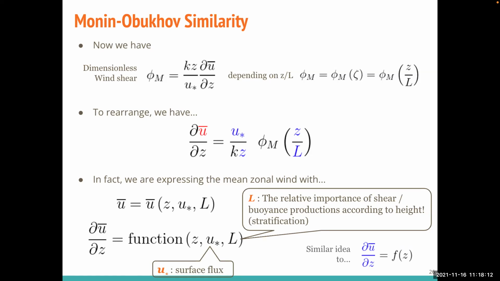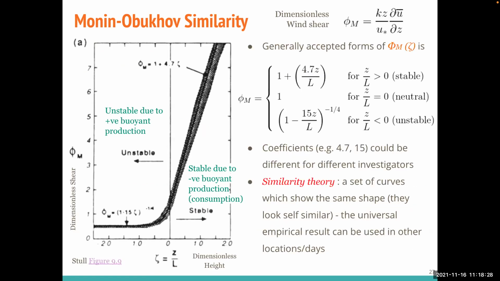Okay, so again, this is a very similar idea of expressing your shear with height, but now we include two extra terms which are coming from the two effects. So that's the physical meaning here. This is how we do the parametrization.